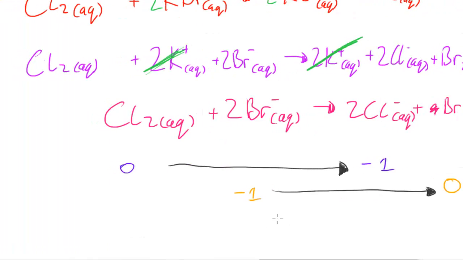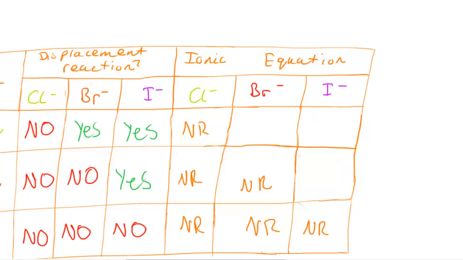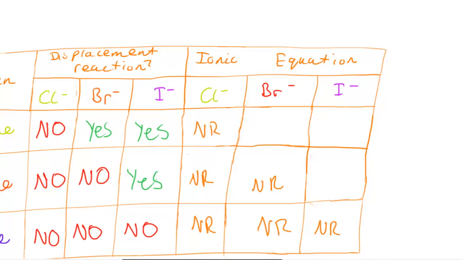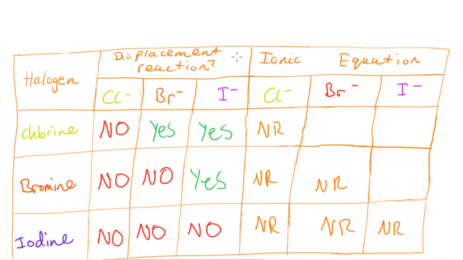So now we can use this same idea to fill out all of the different reactions which happen in this table, which are just three reactions. So chlorine and bromine, this is basically the reaction which I just did.